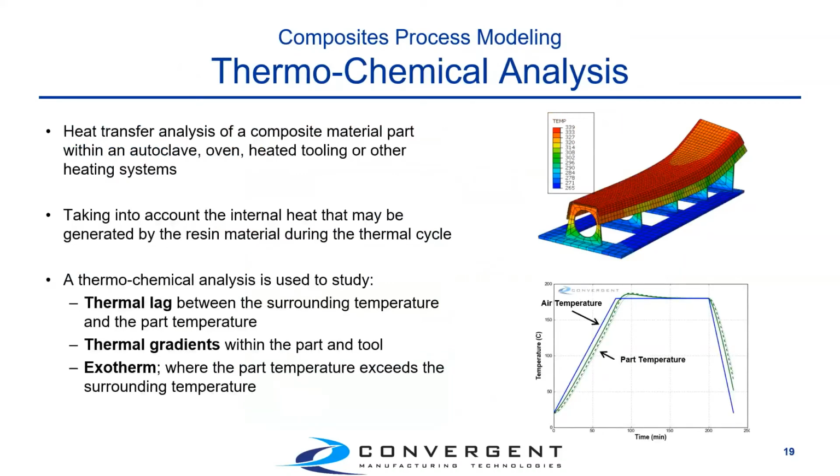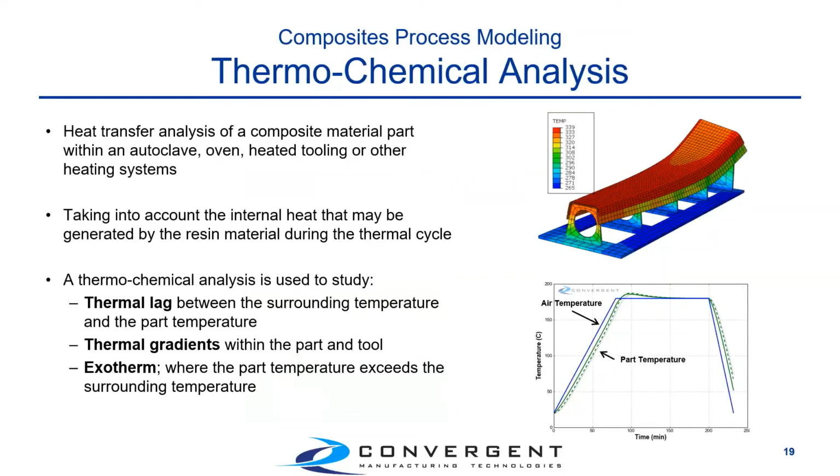Going into the thermochemical analysis, in COMPRO you can have a full 3D representation of the tool with all the details. As you see, the substructure details can be represented, and the parts can be represented. As I said, if you have a spatial variation in your HTC, you can incorporate that. Say the air flows from one side, so you'll have higher HTCs on that side, and on the back side you have lower HTCs.